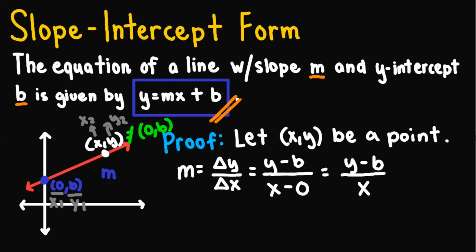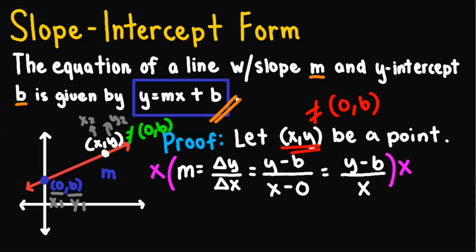Now from here, focusing on the leftmost side of the equation and the rightmost side of the equation, we can multiply x both sides to eliminate this denominator. And take note that we can do this since we know that our given point out here again is not equal to the y-intercept.